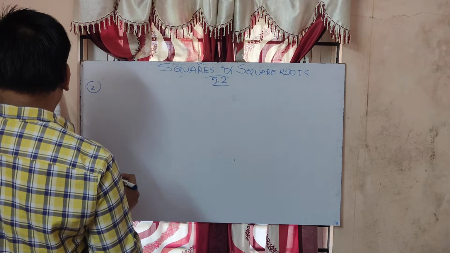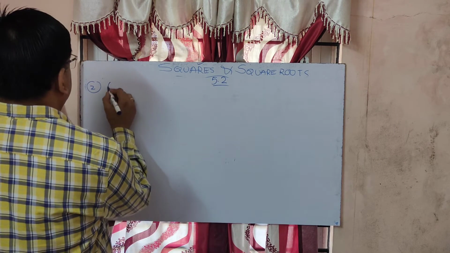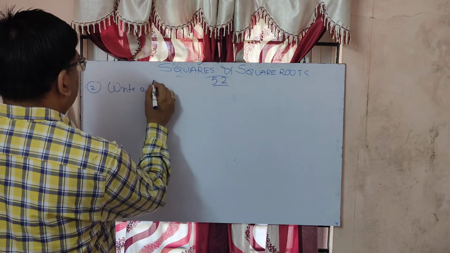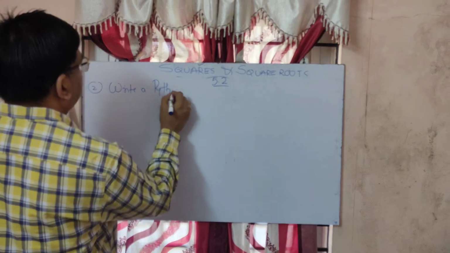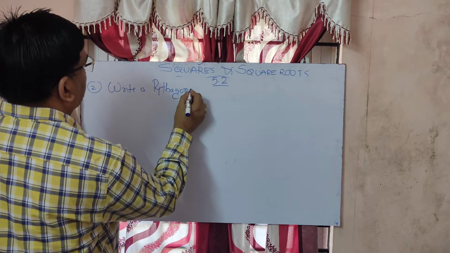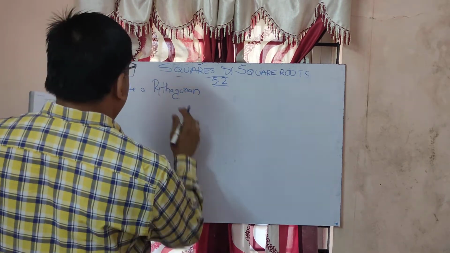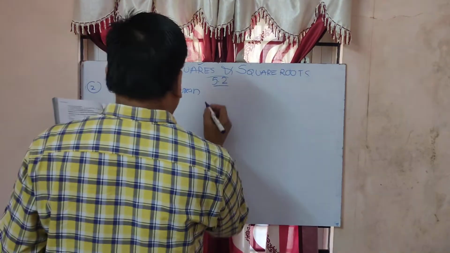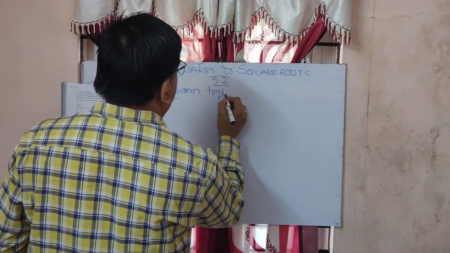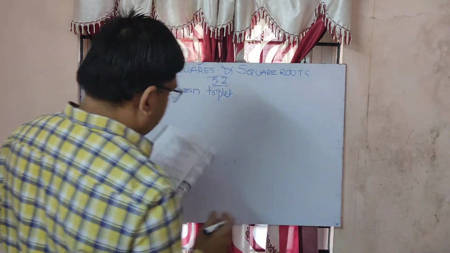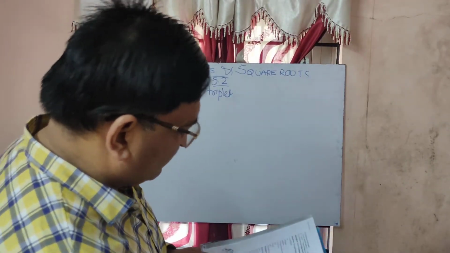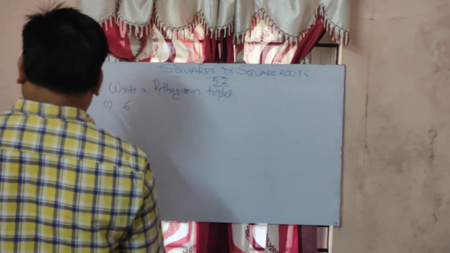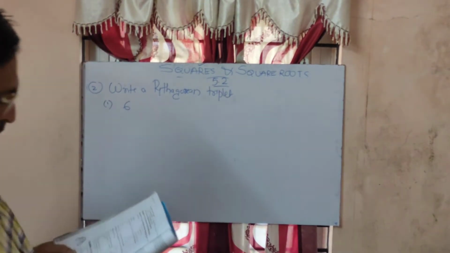Write a Pythagorean triplet whose one number is 6. Triplet means three numbers. The first one is 6. So they have given one number.